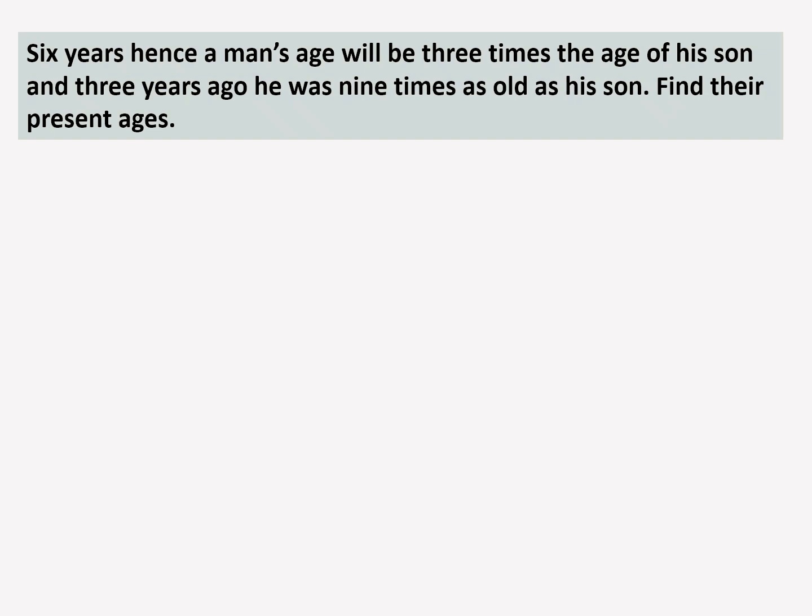We can understand this also from the words will be. That means it represents the future ages. So one relation is given regarding the future and another one 3 years ago. This is the past age, and it can also be understood by the form was.